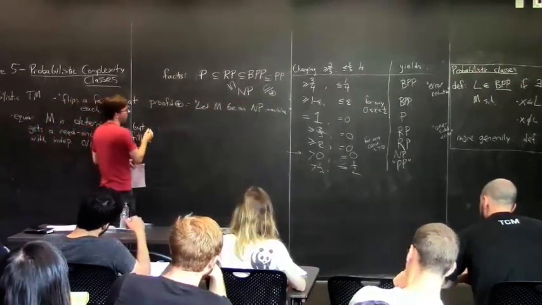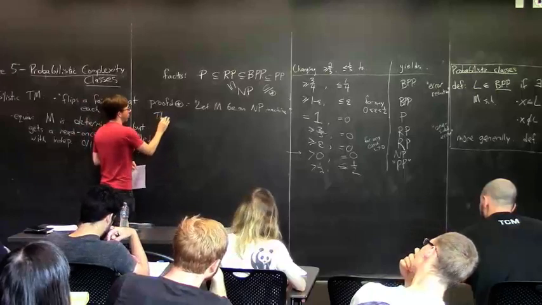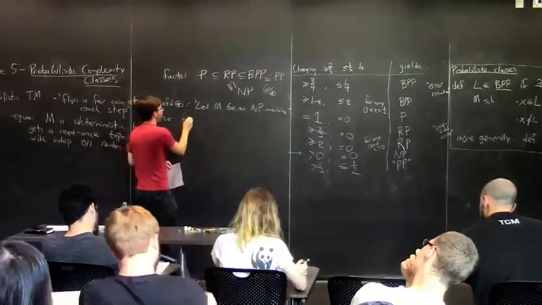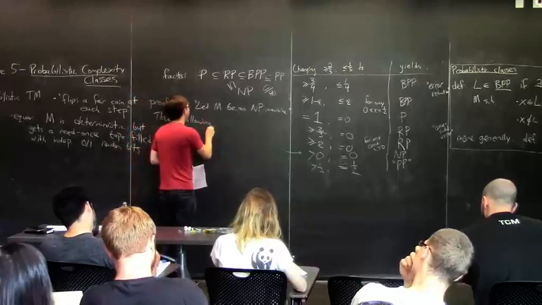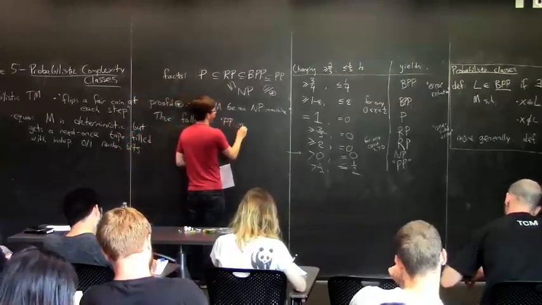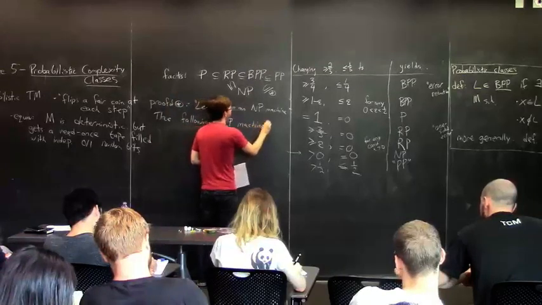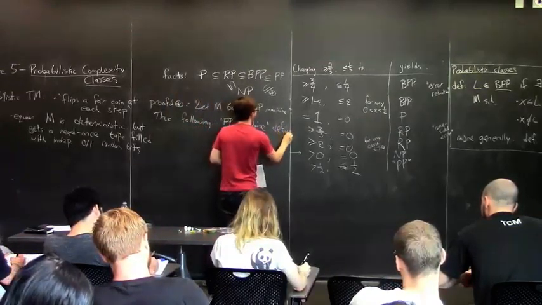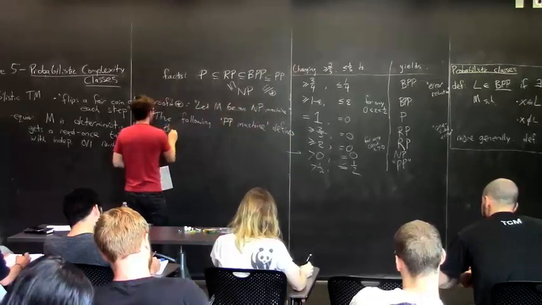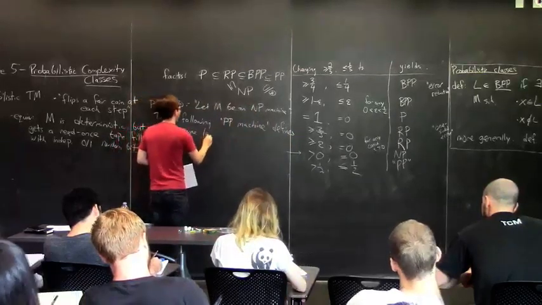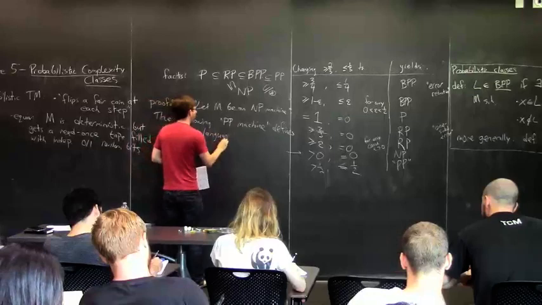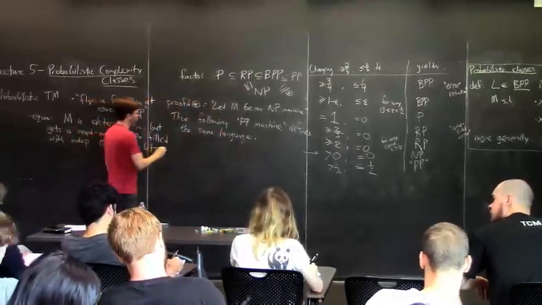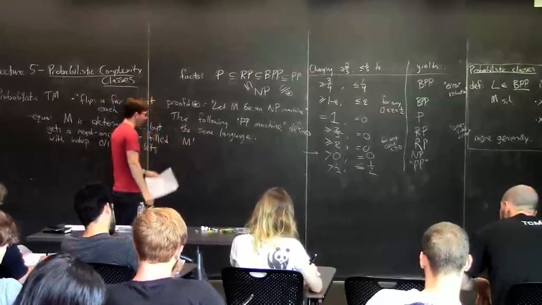And then I would continue this complexity theory way of phrasing the proof as follows. The following PP machine decides or defines the same language. I'll call this PP machine M prime.